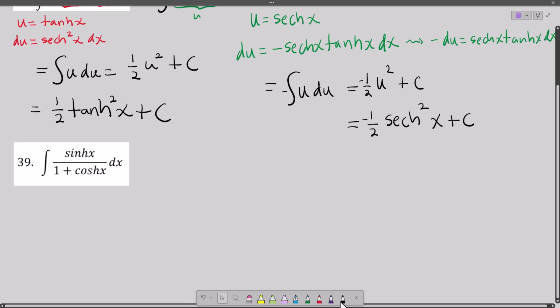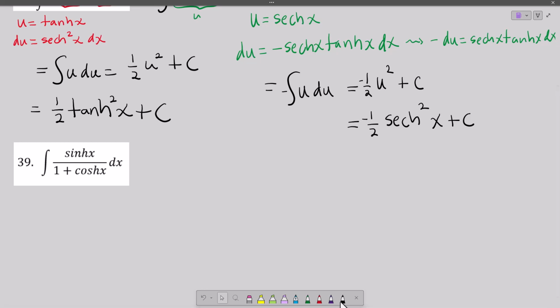All right, I want you all to think about this one for a minute. It can be done with substitution. So spend a minute trying to come up with the right u.